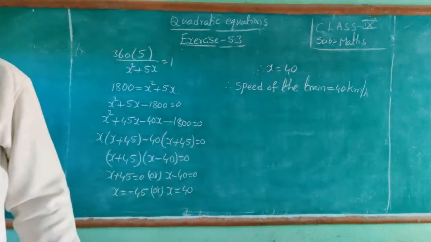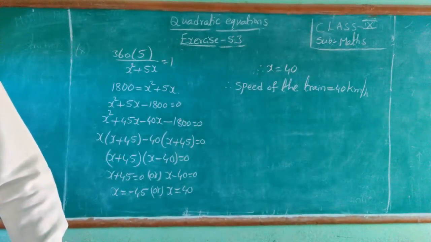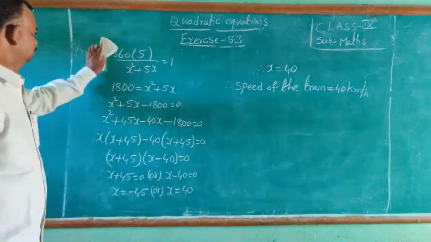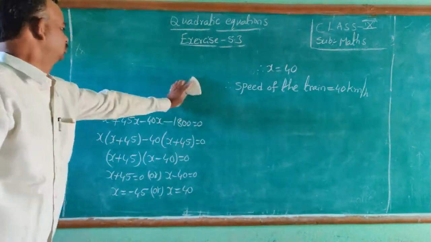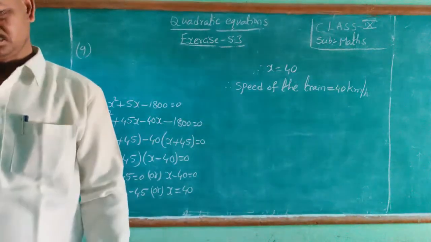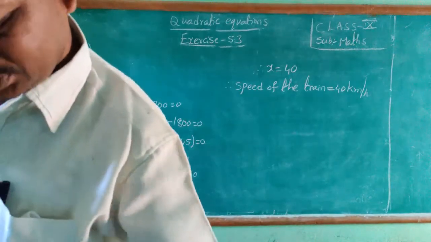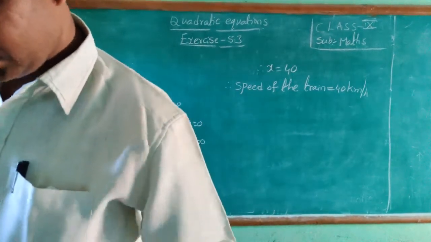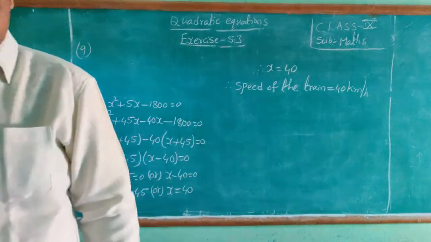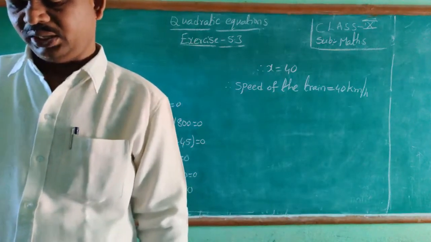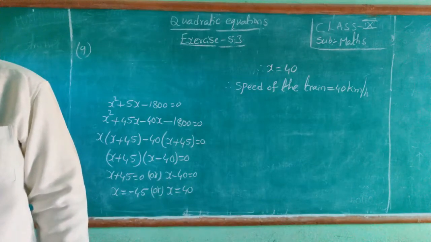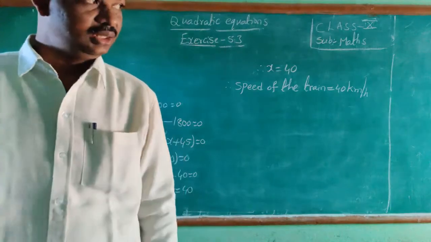Next one, ninth sum. Write down: two water taps together can fill a tank in 9 3/8 hours.